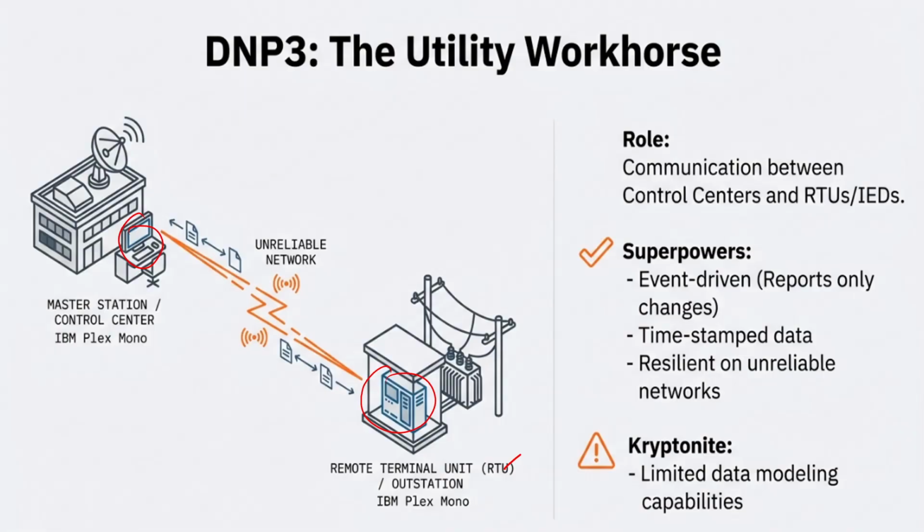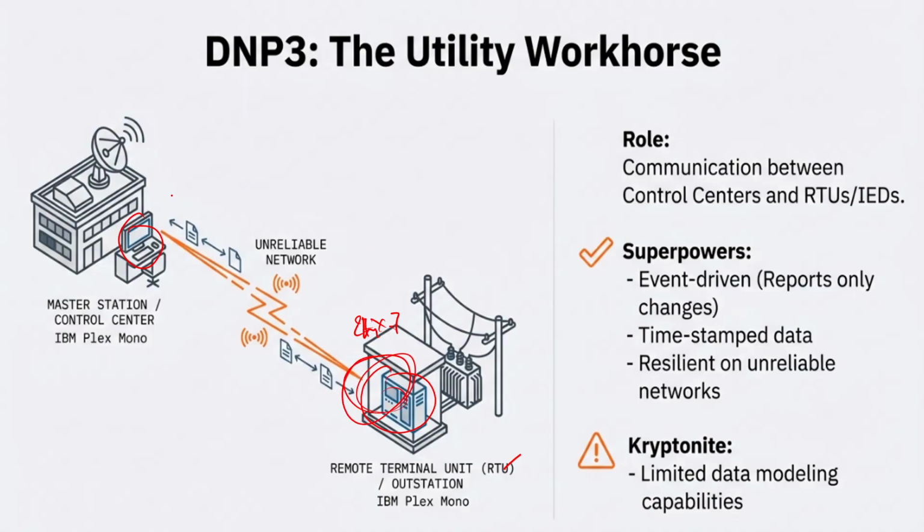So coming to the key features, it is event driven, right? What it will do is give reports only of the changes happening in the system, instead of polling. For example, we need to monitor 24 by 7, correct?